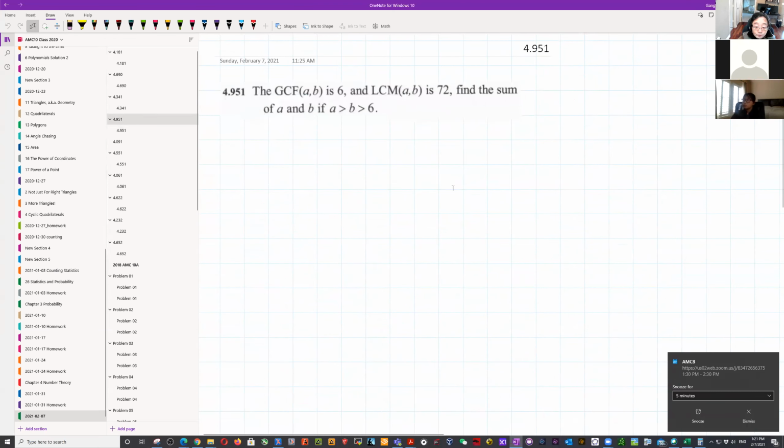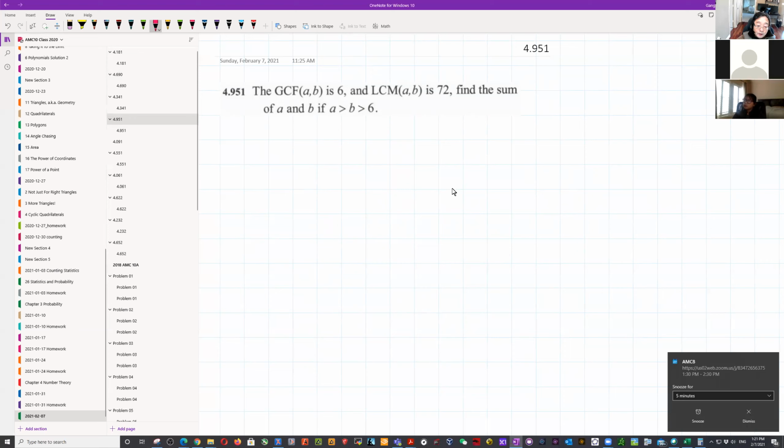And for this problem, GCF is 6, LCM is 72. Find the sum of A and B if A is greater than B and greater than 6. For this type of problem, we just have to use Venn diagrams and completely factor everything out.